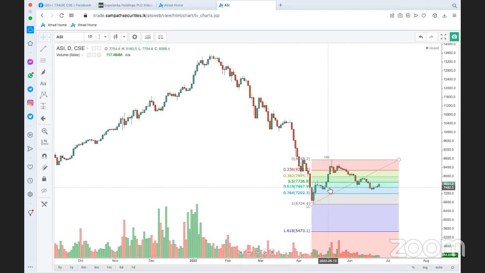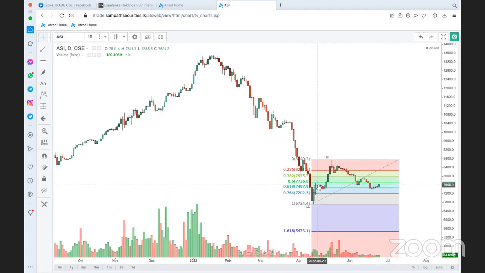And other thing is, you can see that these lines are also around that, right? This 61.8% line is a little above this low. This line, which is the 50% line, is a little below this high, right?